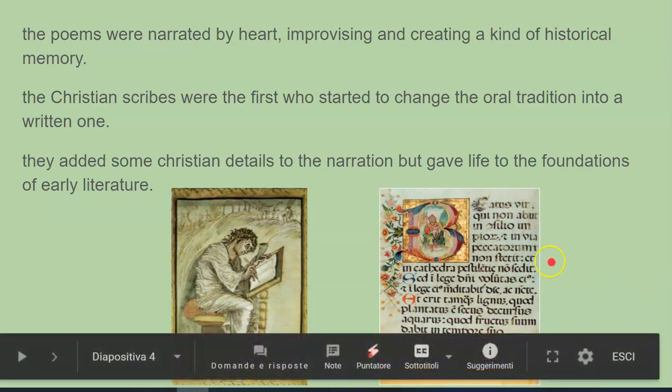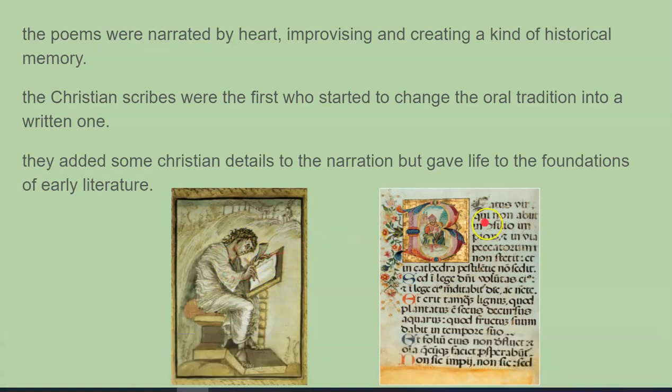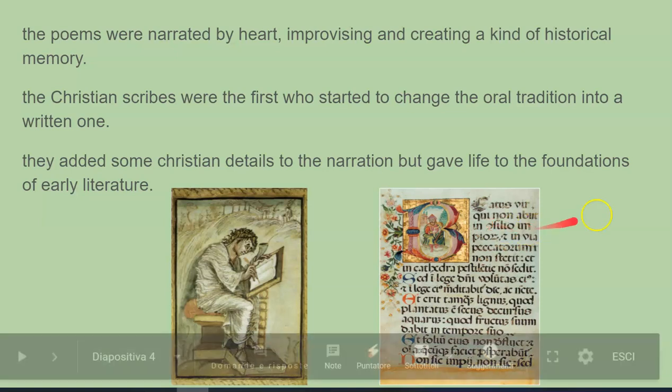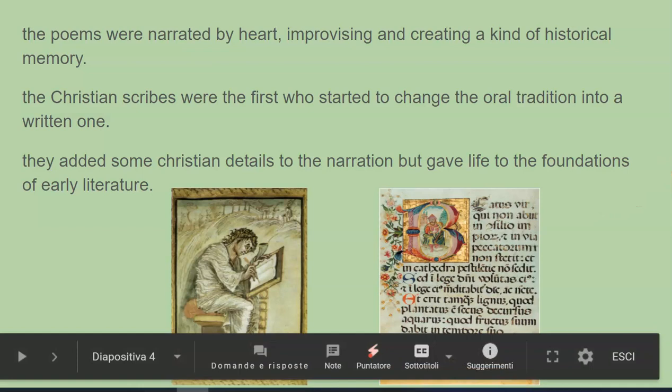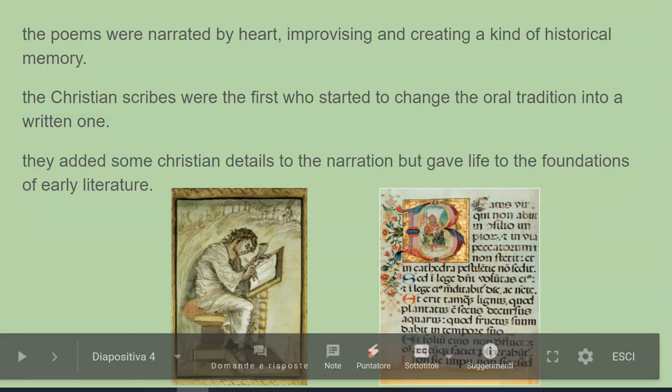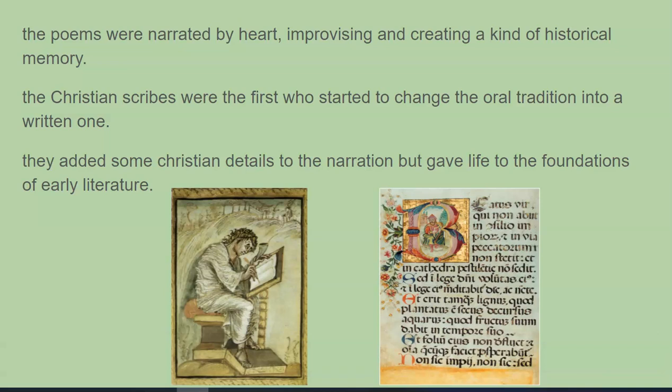You can see here an example of a scribe, as well as an example of an amanuensis text. Of course, they sometimes added some Christian details to the narration, but they were of fundamental importance because they started to write down and to make possible the collection of the first literary products.